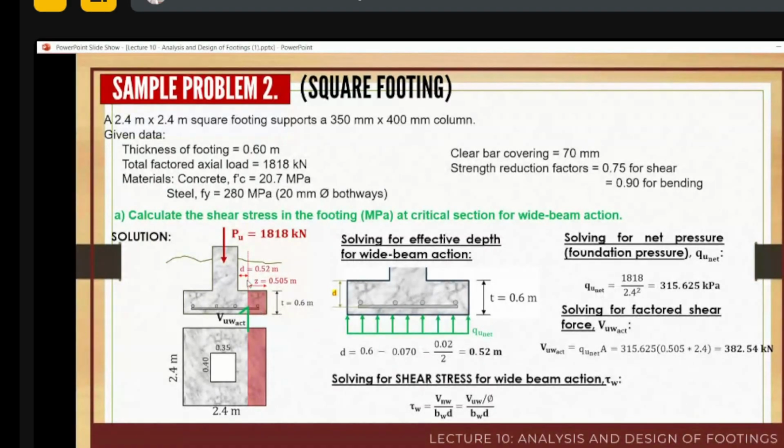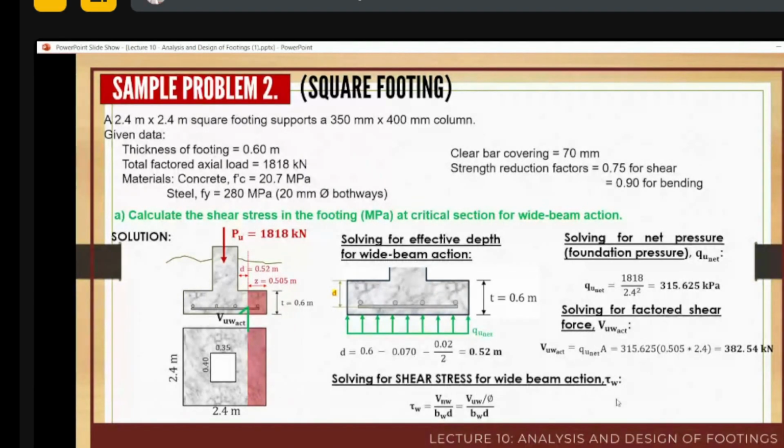This one, you should determine what distance this is. And again, to get 0.505 is simply 2.4 divided by 2 minus 0.35 divided by 2 minus 0.52, which is the effective depth, that is 0.505.